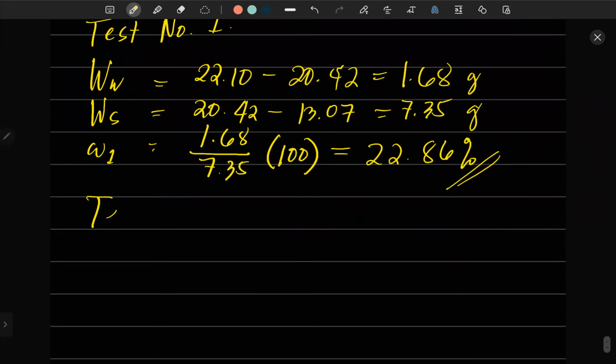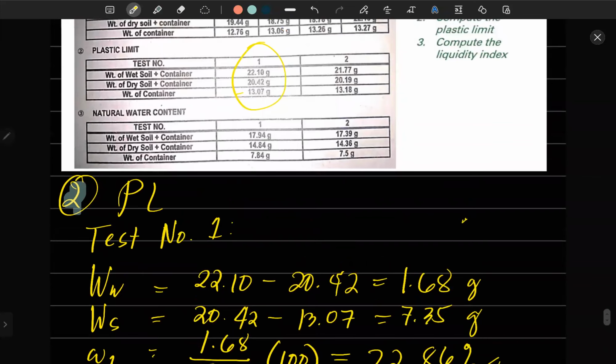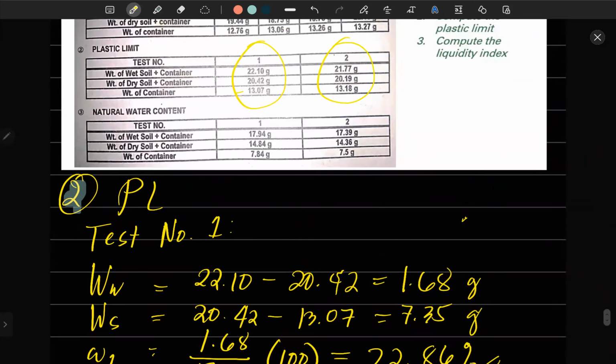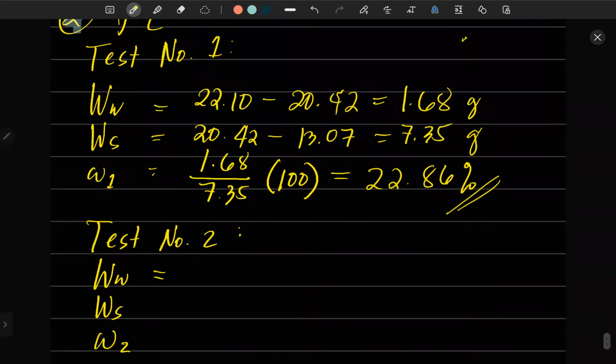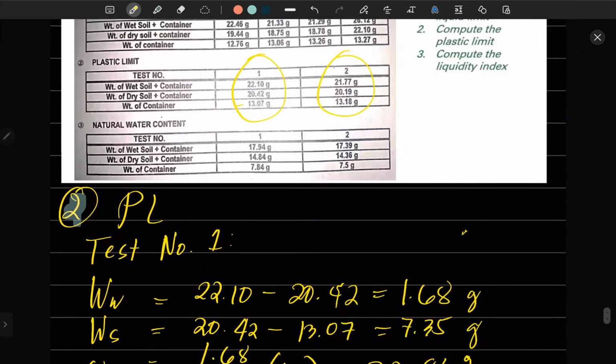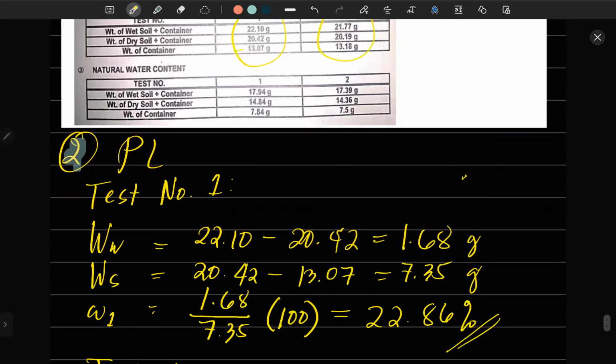Next, for test number 2, we have the weight of the water, the weight of the soil solids or the dry soil, and then the moisture content 2. So our weight of water for test 2, we have 21.77 minus 20.19.